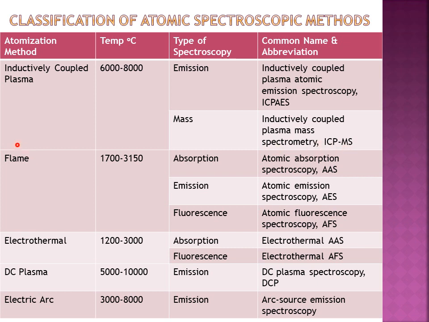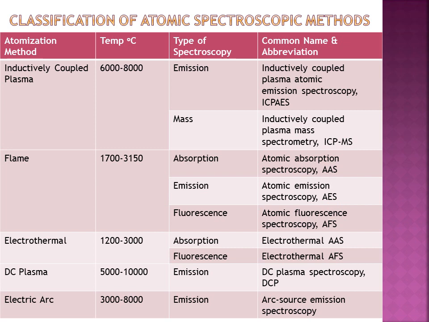The next atomizer is flame. The temperature range is 1700 to 3150 degrees centigrade. It's being used in all types: absorption, emission, fluorescence. When it's used in absorption spectroscopy, it's known as atomic absorption spectroscopy, which is the topic of the current video. When it's used in emission spectroscopy, it's called atomic emission spectroscopy, AES.